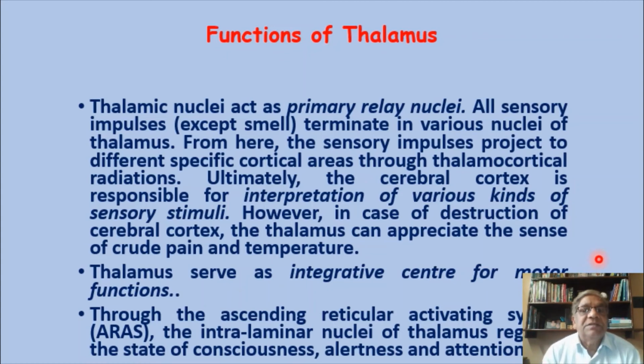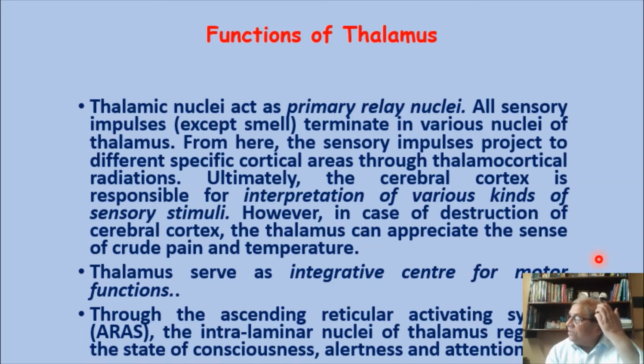Sensations are realized. The second function of the thalamus is to serve as an integrative center for motor function. We have just seen that. The fibers which are going to the prefrontal area or frontal lobes are planning the motor activity. So this integration and planning also takes place.